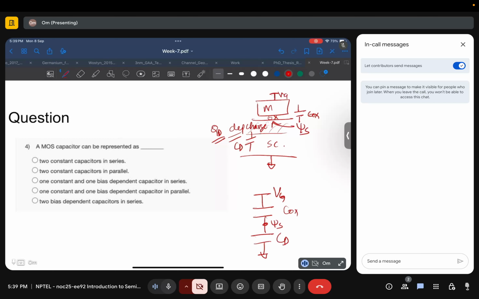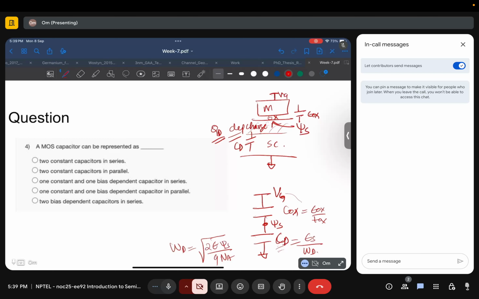Now, Cox is a fixed capacitor that depends on the thickness of the oxide, right? It is epsilon ox by Tox, so it is not VG dependent. But CD depends on psi s, right? Because CD will be epsilon silicon by WD, and WD depends on the square root of 2 epsilon psi s by q Na, right? So WD is psi s dependent.